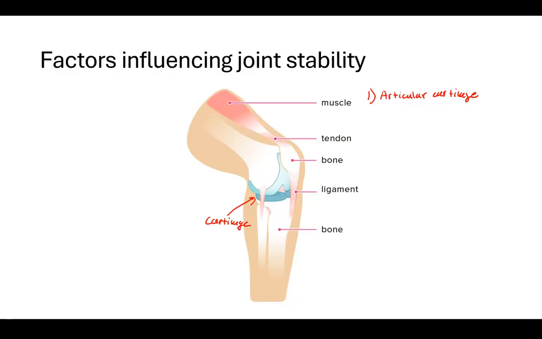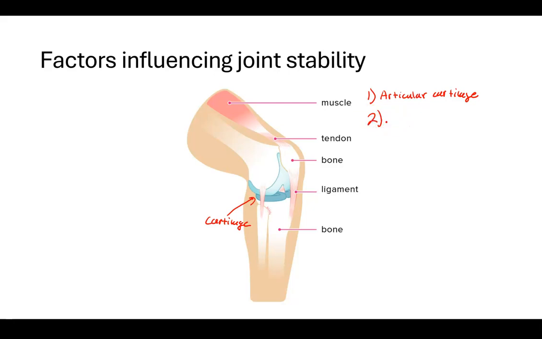The amount of articular cartilage helps support joints because it reduces friction. If bones were in contact with each other, bone on bone, they would not slide past each other and would create a ton of friction, which could damage the tissue. So articular cartilage helps with joint stability by adding a cushion and reducing friction.